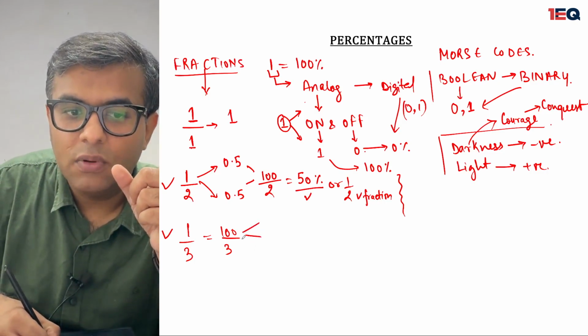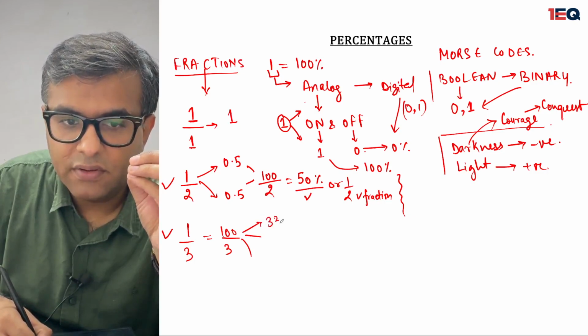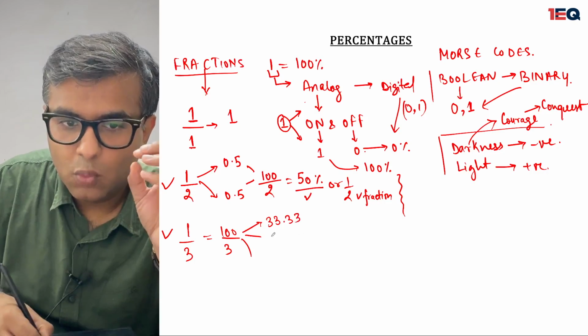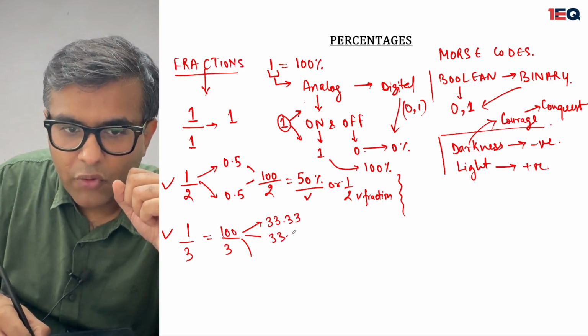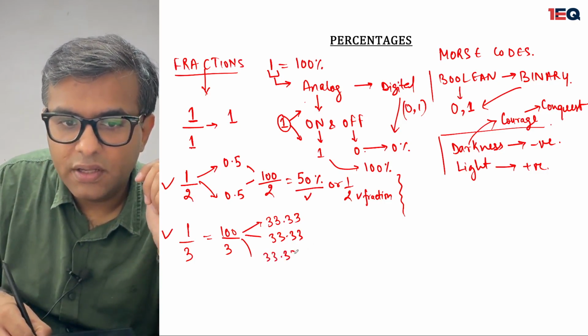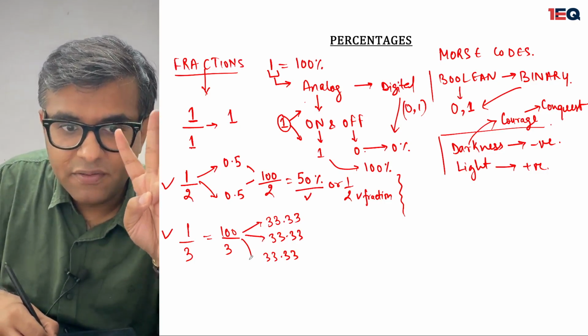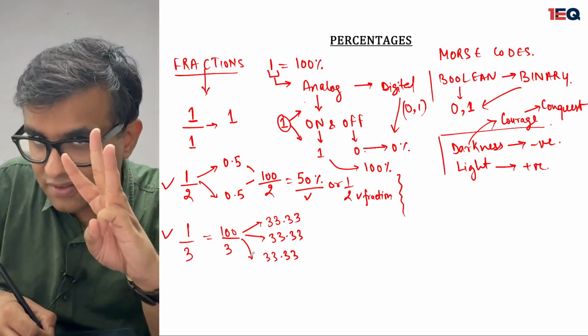And those 3 equal parts, my friend, are 33.33 first, 33.33 second, and 33.33 third. First, second, and third.